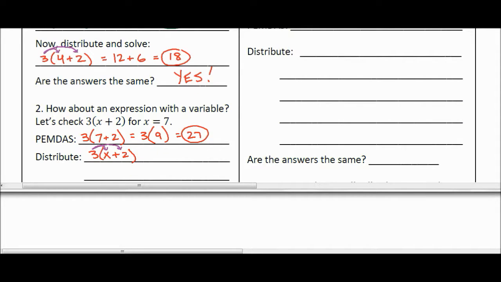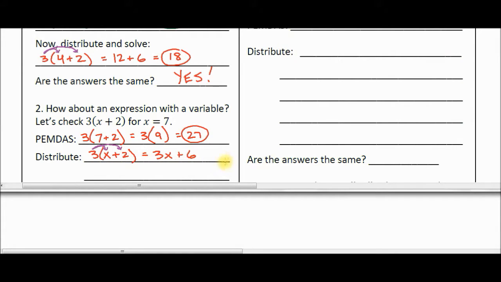So 3 times x is 3x, and 3 times positive 2 is positive 6. You can see these are not like terms. We can't combine them anymore, so now we're done with our simplification using distribution.